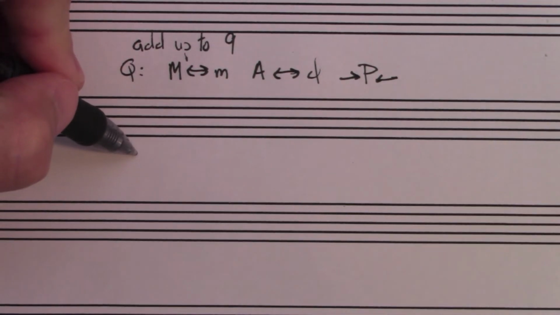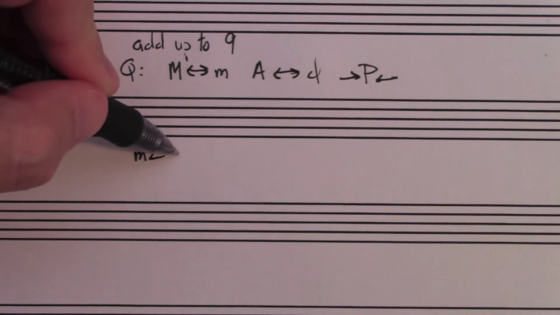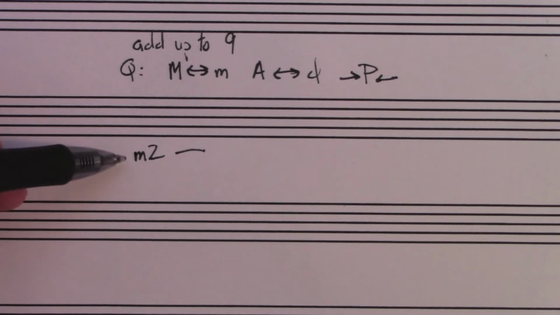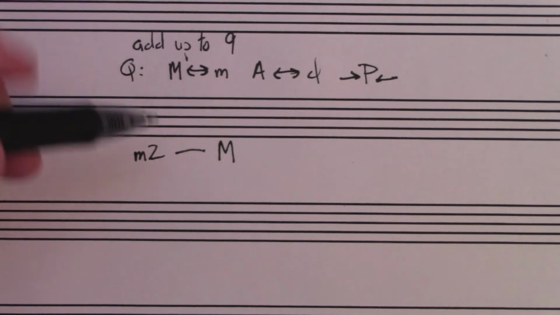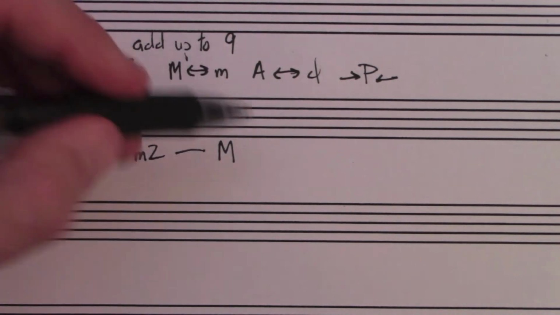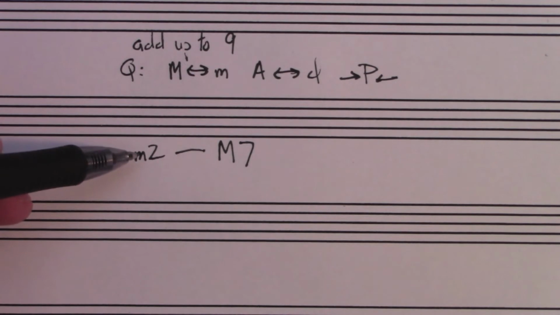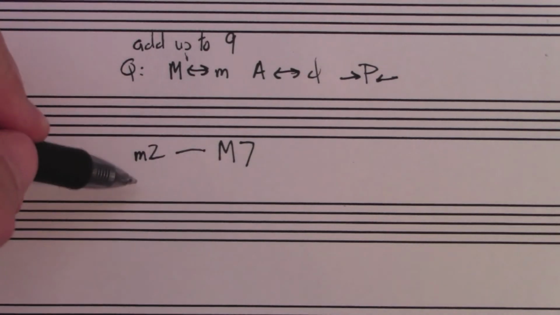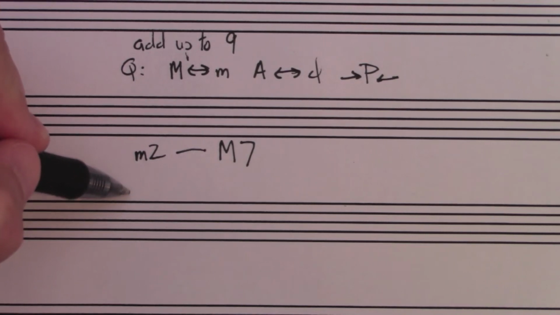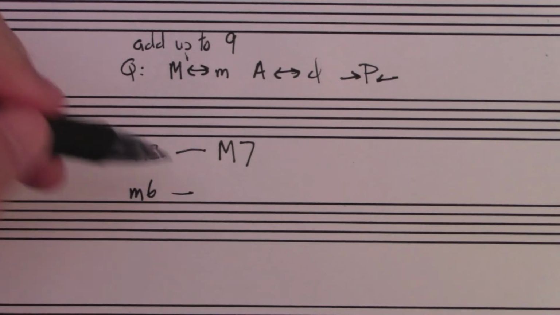So, a minor second, the inversion of a minor second is going to be a what? Major and minor switch, so it becomes major. And it adds up to 9, so minor second, major seventh. What about a minor sixth?